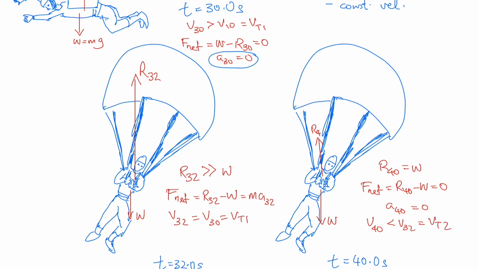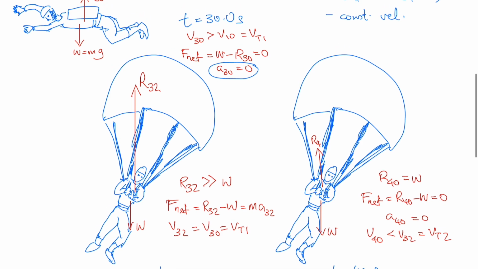And this is the new terminal velocity, I call it T2, which is much lower than T1. So maybe T1 is falling at a velocity of, say, 40 meters per second, which is way too dangerous for safe landing. So the opening of the parachute reduces the velocity to a new terminal velocity, say 8 meters per second, which is much safer for a landing procedure.